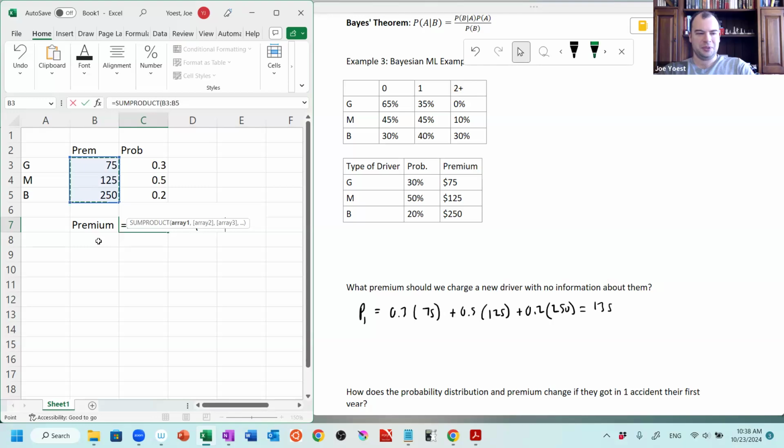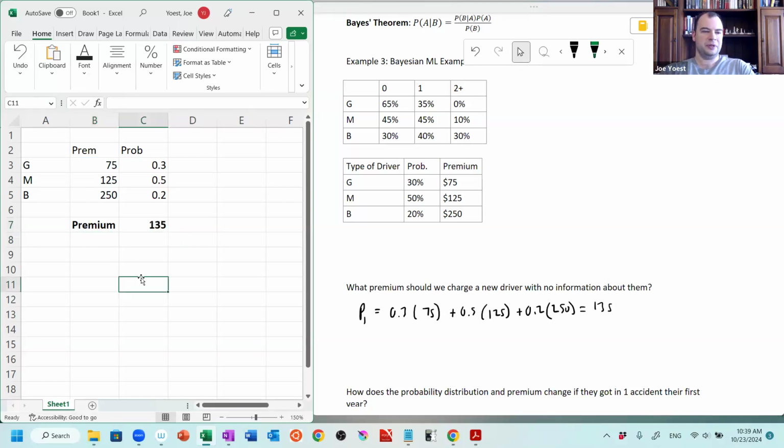We select our premiums and hit comma, and then select our probabilities. This will multiply across and then add down, and that gives us our 135 for the premium. And let's actually code in bad driver as being 1 minus the sum of the other two.